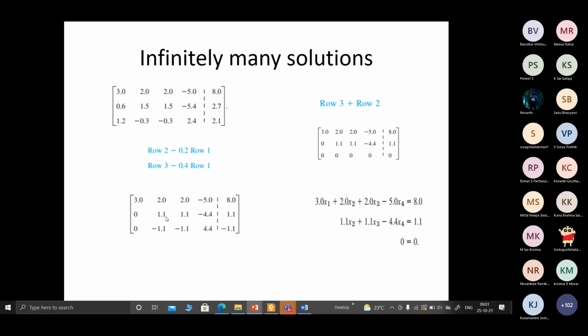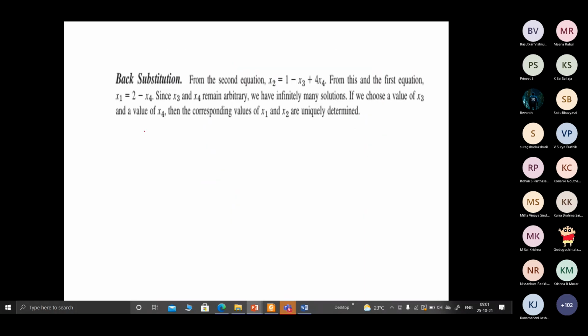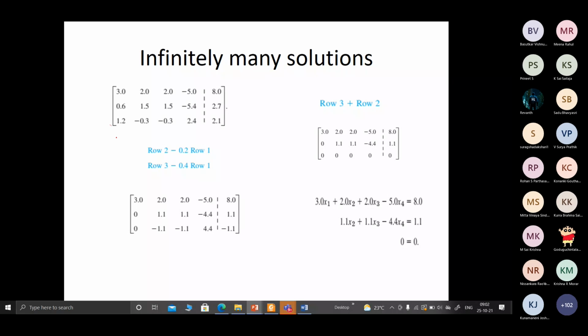Next, with the help of this entry, you make the one below it 0. How do you do that? Just replace row 3 by row 3 plus row 2. So what do you get? 0, 0, 0, all zeros only. So this is echelon form.